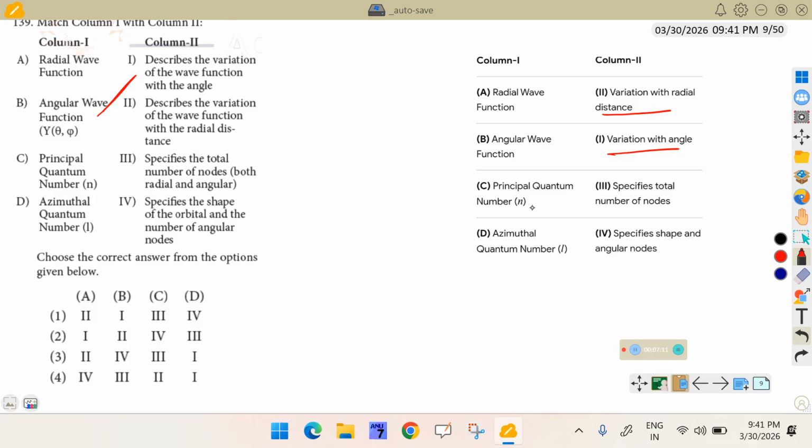We know that the principal quantum number specifies the total number of nodes. The azimuthal quantum number specifies shape and angular nodes. So based on that, the correct option is the first one.